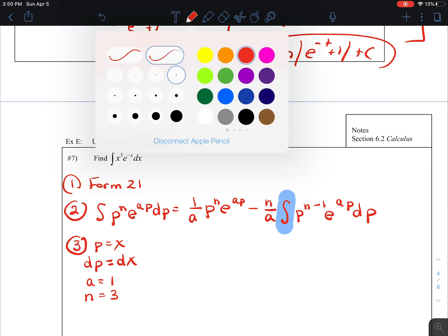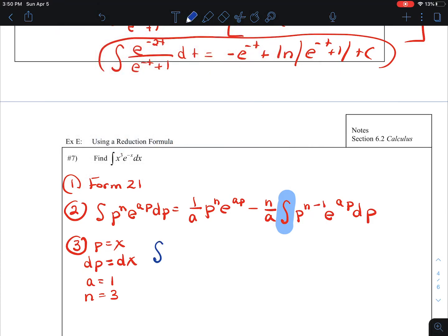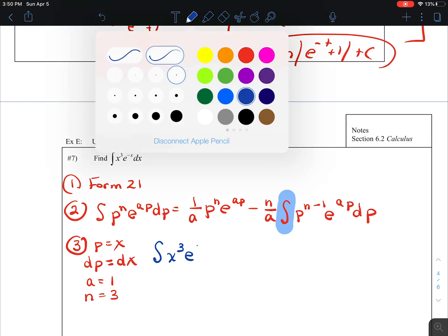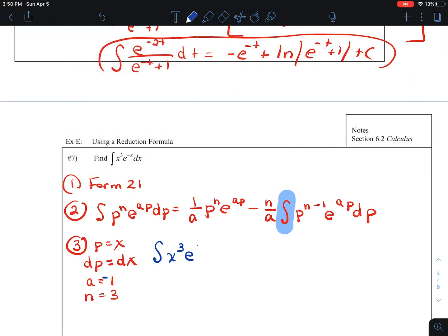Let me make those substitutions on the left side here. I'm sorry, the a would be a -1. Okay, so that's going to look like that. That looks great, it matches the original exactly.